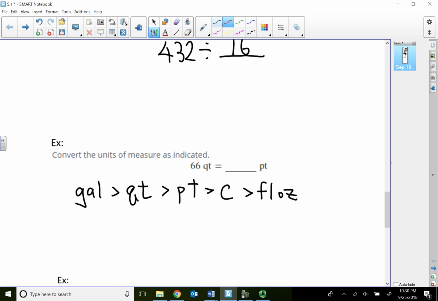As you can recall, the conversion between gallon and quart is 1 gallon to 4 quarts. 1 quart is 2 pints, and 1 pint is 2 cups, and 1 cup is actually 8 fluid ounces. So this magic number 4, 2, 2, 8 allows us to convert all the way from gallon to fluid ounces.